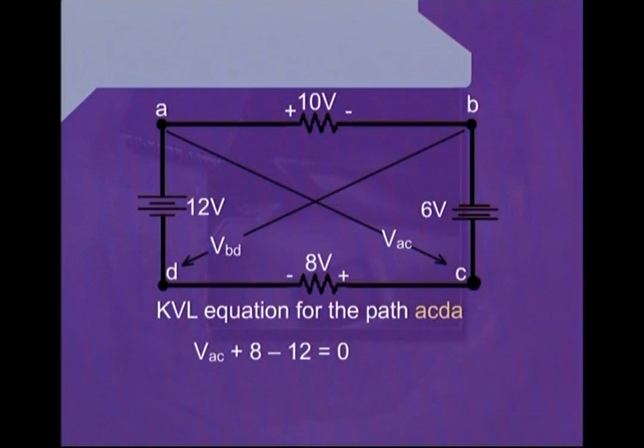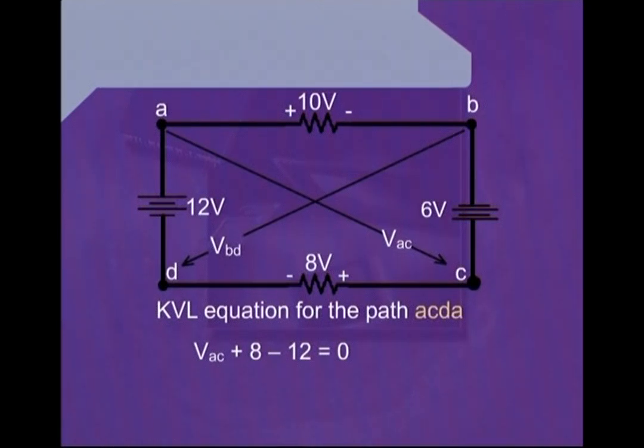We go through this imaginary circuit element and reach the point C. Now, because we have already decided to follow the path A, C, D and A, when we reach the point C, we will be looking towards the point D. Looking at the point D, we see that there is a resistive element between the point C and the point D. Also, this resistive element has been marked with a voltage drop across it of 8 volts, and the terminal of this resistance which is towards the point C has been marked as positive.